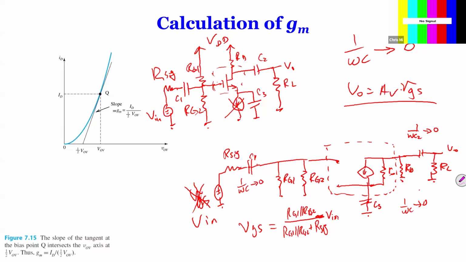So that's your VGS. And then one more step, we can find VO equal to minus gm times VGS times RD in parallel with RL in parallel with RO. Right?